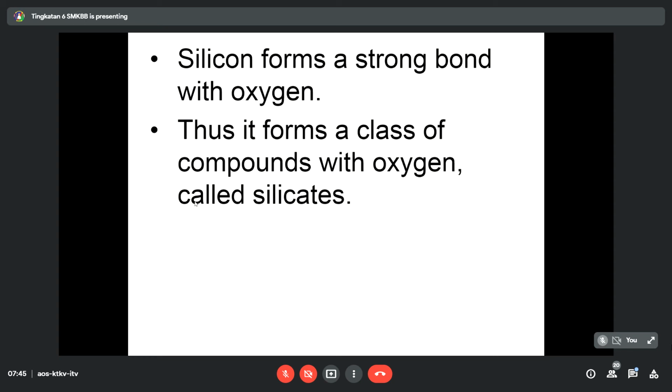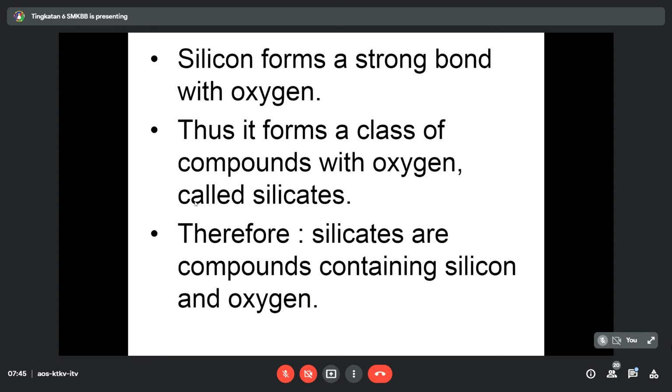Silicate means containing Si and O, normally in a giant structure. So what do you mean by silicates? They're compounds containing silicon and oxygen. That is silicates. Silicone just now is a polymer, whereas this one is a compound.